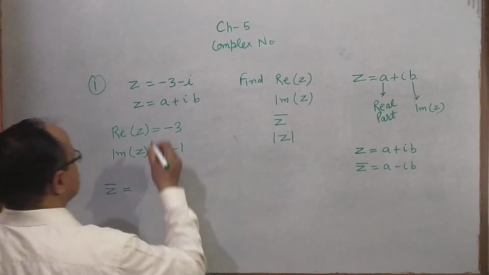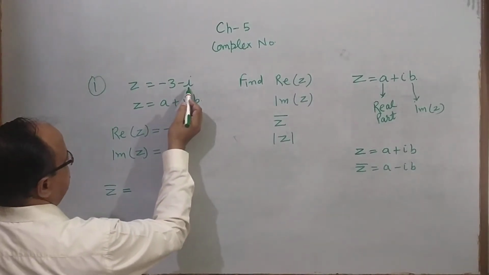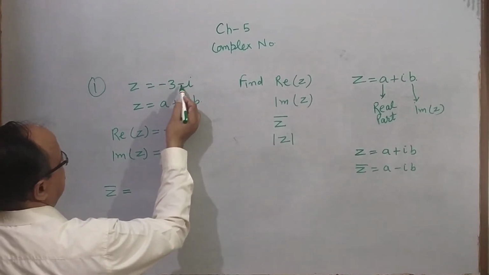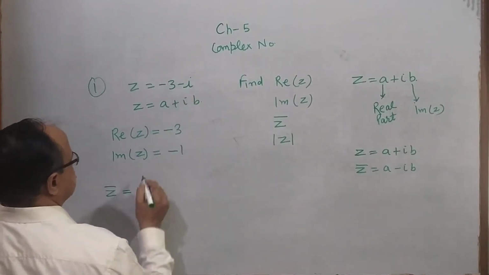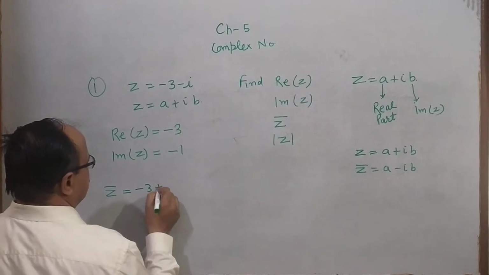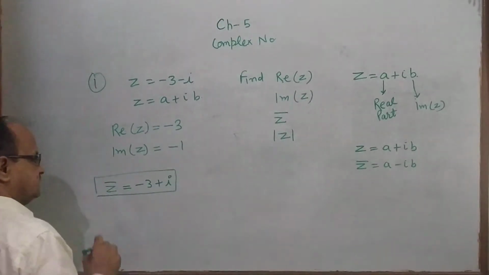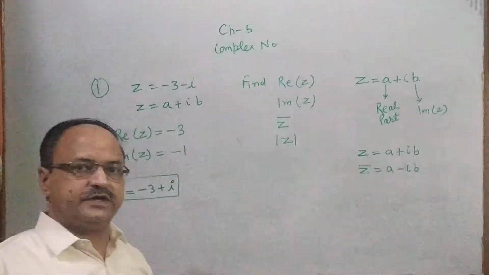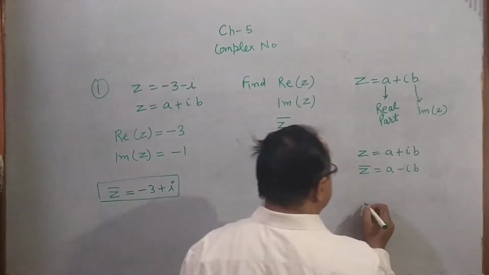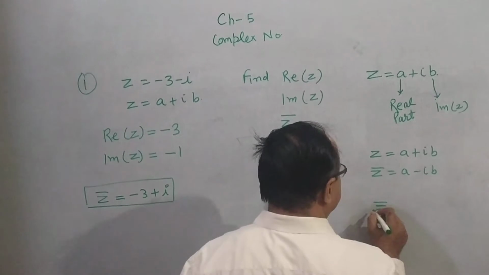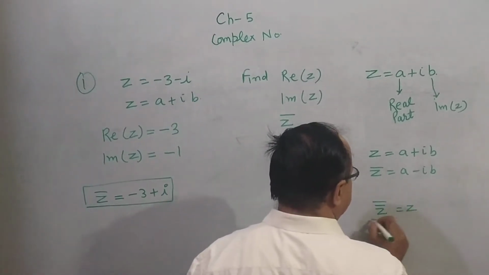So similarly in this case, if we change the sign of the imaginary part, it is negative, then it becomes positive. Minus 3 plus iota. This is Z conjugate. And by property, the conjugate of the conjugate is also Z.